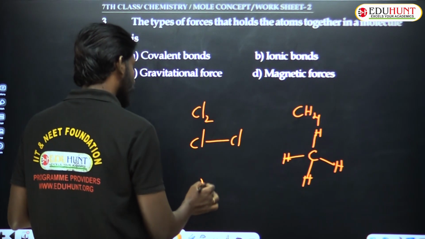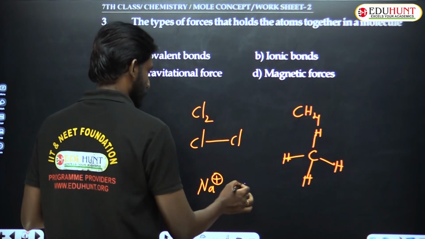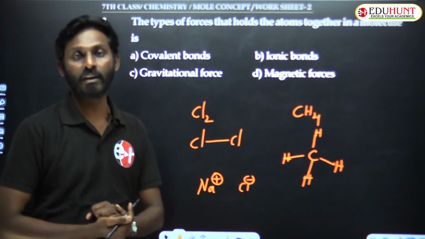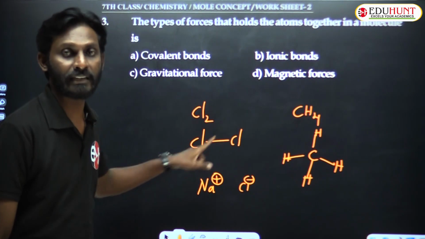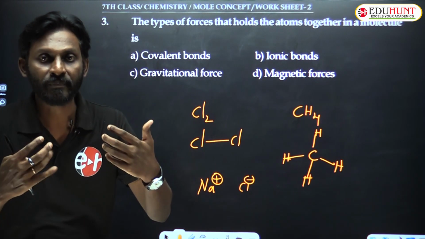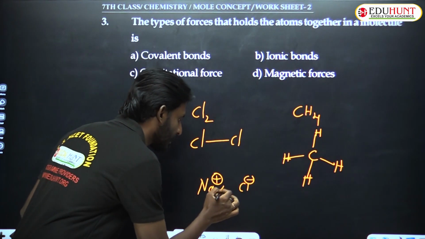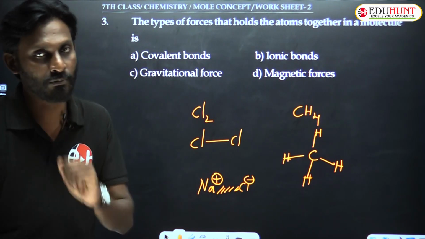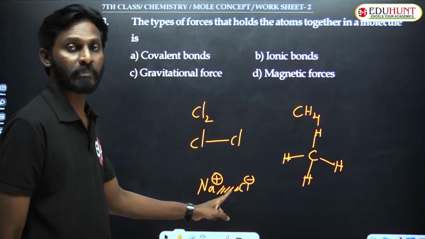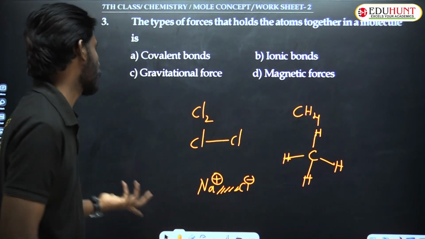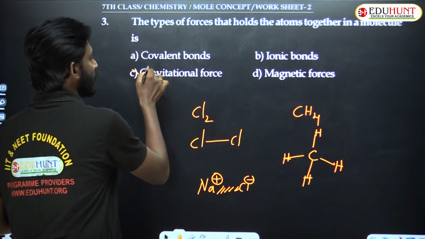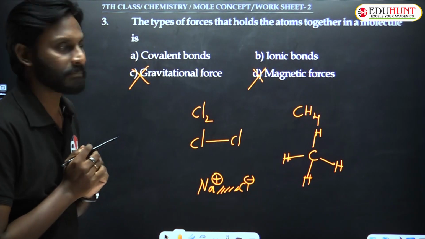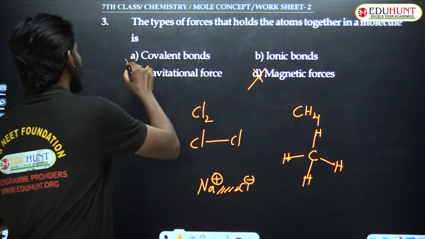Ionic bond exists between ions, not atoms. There is a Na plus ion and a Cl minus ion. Between these there exists an electrostatic force of attraction. That force of attraction we named as ionic bond. But ionic bond is present between ions, not atoms. Gravitational force is ridiculous, magnetic force is not. The best answer is the covalent bond.